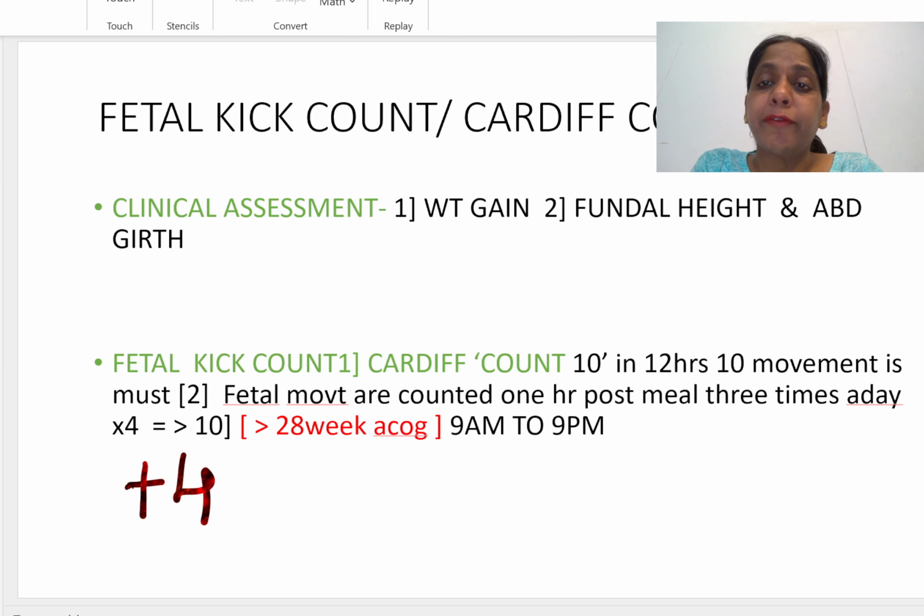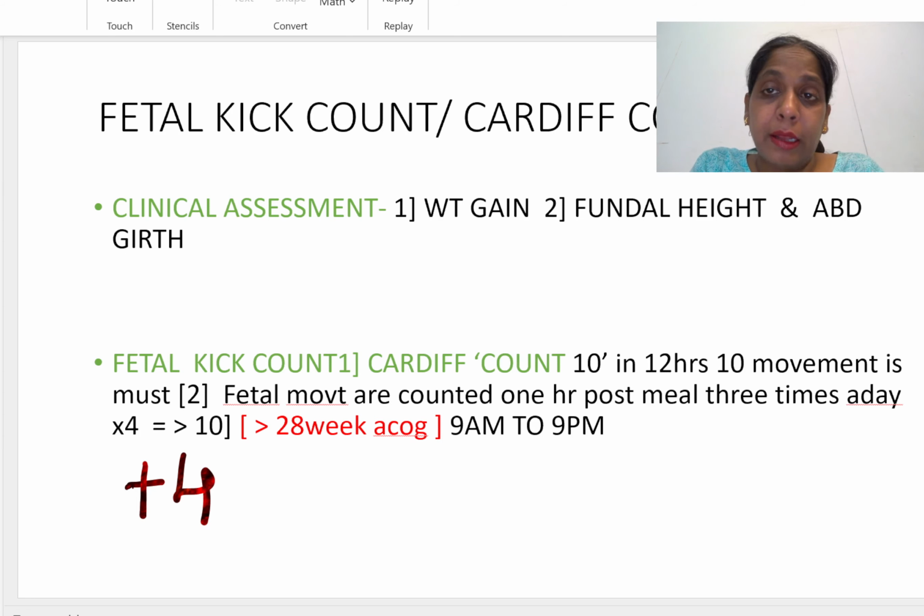First of all, it is the fetal kick count. You all know that when the lady is in the 6th month of the period of gestation, the female feels the kicks of the fetus, right?